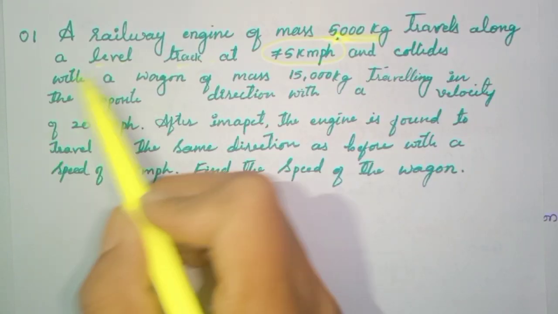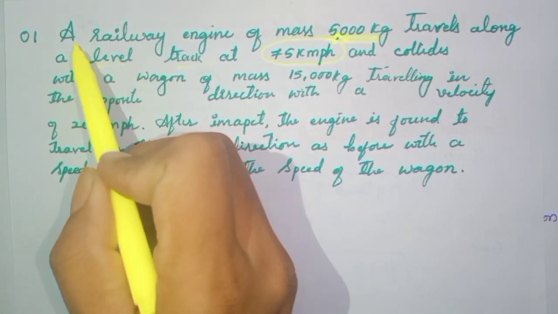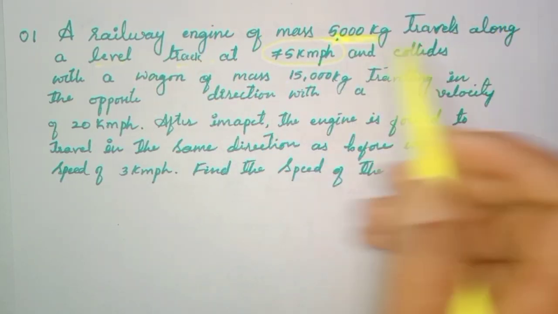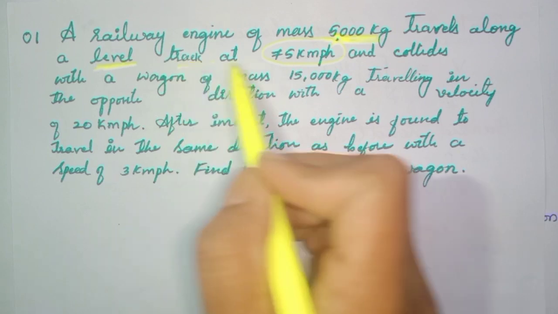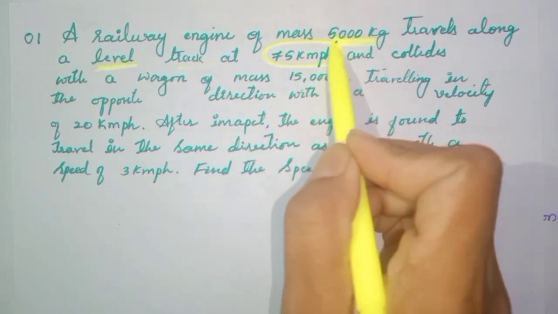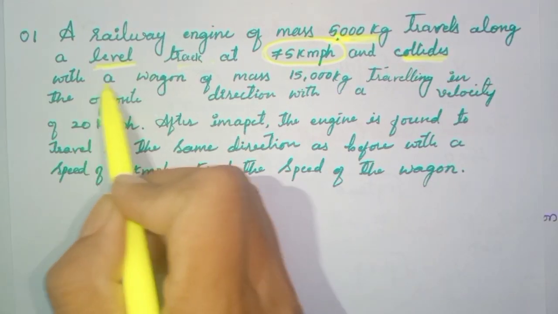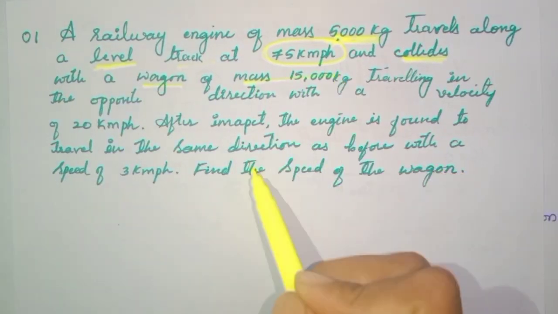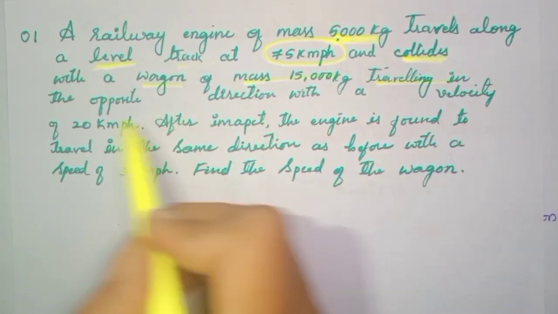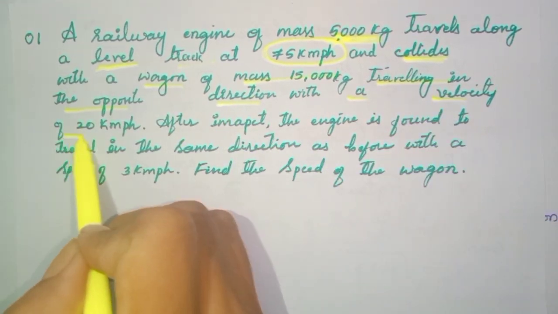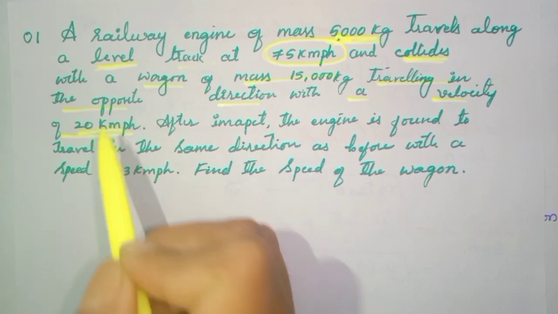Now let's read the question clearly. A railway engine of mass 5000 kg travels along a level track at 75 km per hour and collides with a wagon of mass 15,000 kg traveling in the opposite direction with a velocity of 20 km per hour.